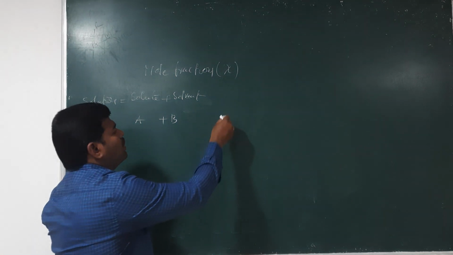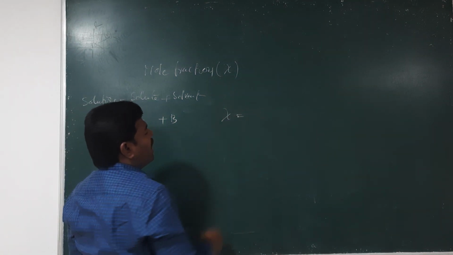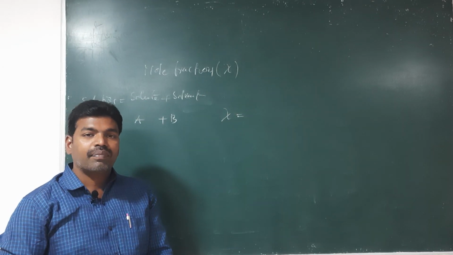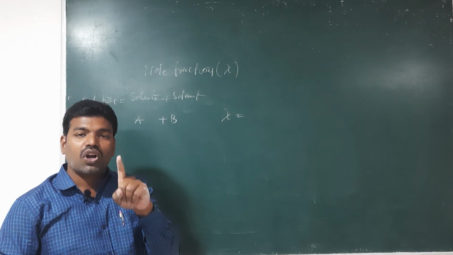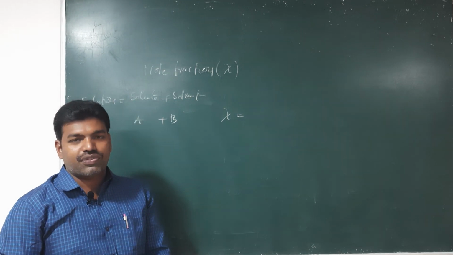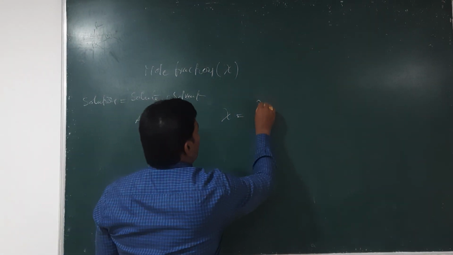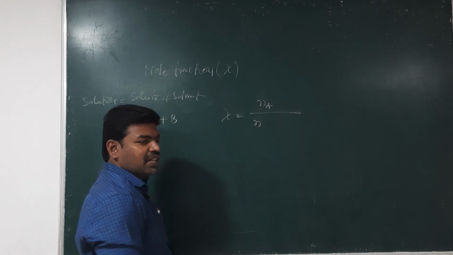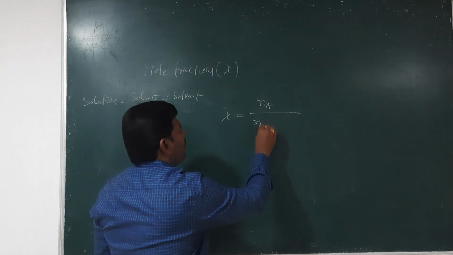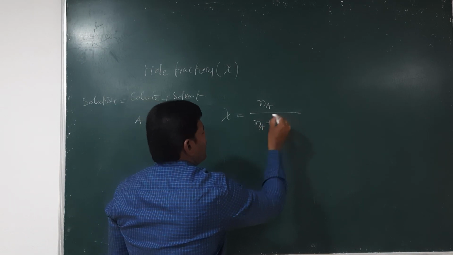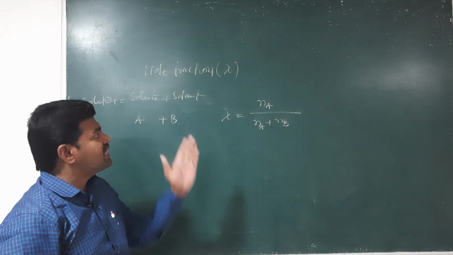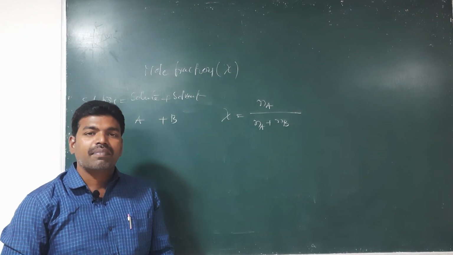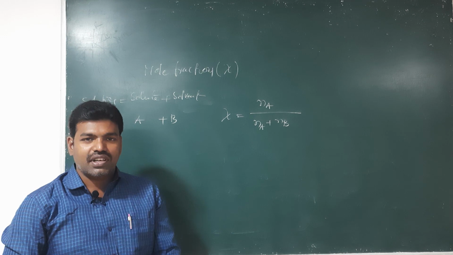So mole fraction is the ratio of the number of moles of one component to the number of moles of solution. That is, the number of moles of component A by the number of moles of solute plus the number of moles of solvent. So this is mole fraction, by which we can also express the concentration of solutions.